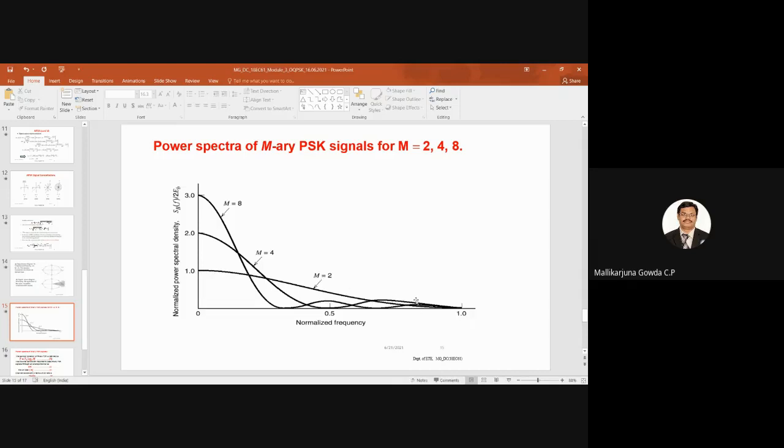It reaches the 0 point at the bit duration, that is, normalized frequency equal to 1. For QPSK, it reaches at 0.5, which means it becomes half of that. For 8 PSK, it will be at this point, less than 0.5. I think you should be able to understand this power spectra of M-ary PSK.